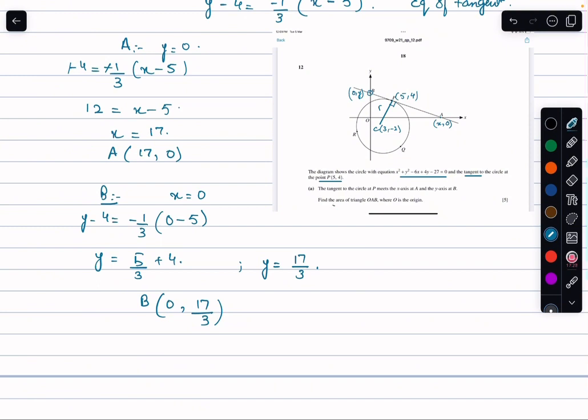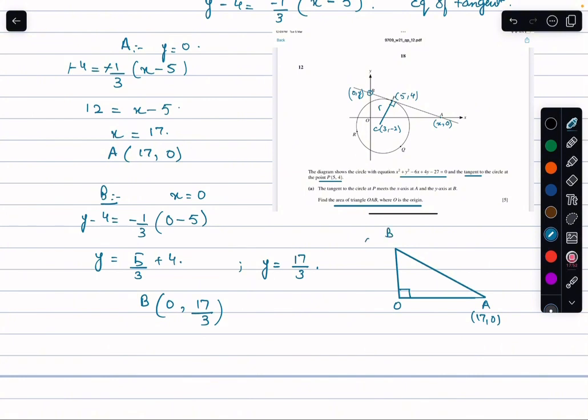The question says find the area of the triangle AOB where O is the origin. So if I just redraw the diagram here with A on the x-axis, O as the origin, A with coordinates 17 and 0. We have the origin here, obviously x and y axis perpendicular to each other.